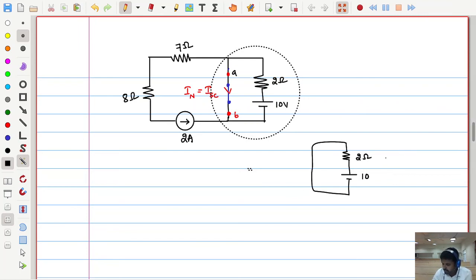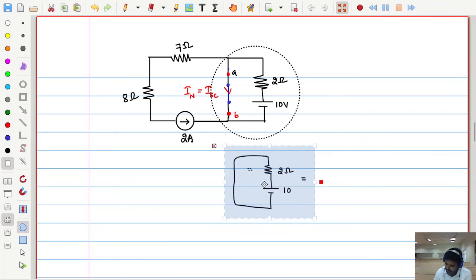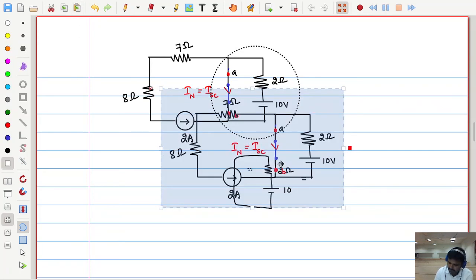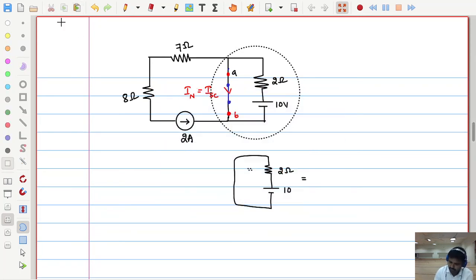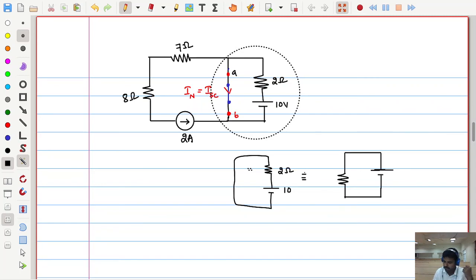Now can I make the same circuit a little bit in this way? So 10 volts will be there as it is. I am just bending this 2 ohms in this direction. So all these portions are the same. This is 2 ohms, this is 10 volts.